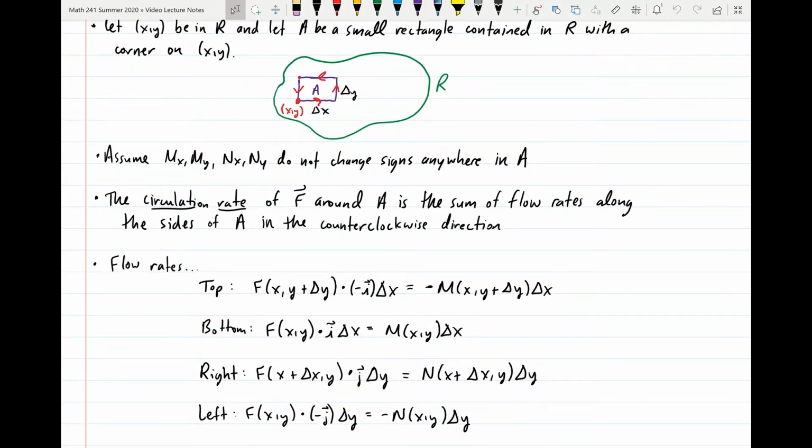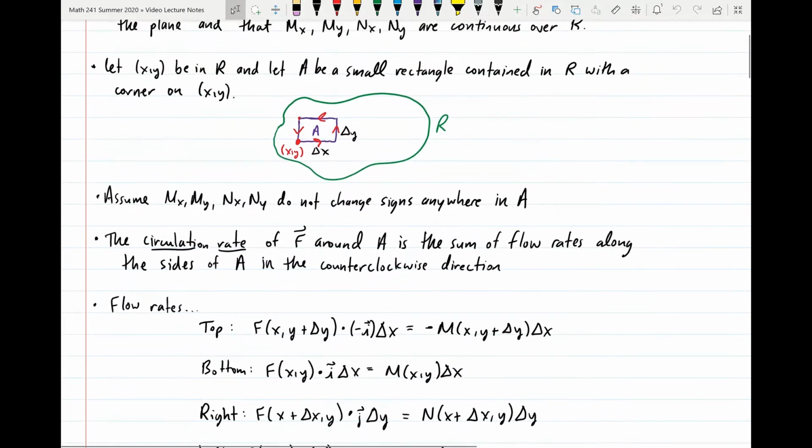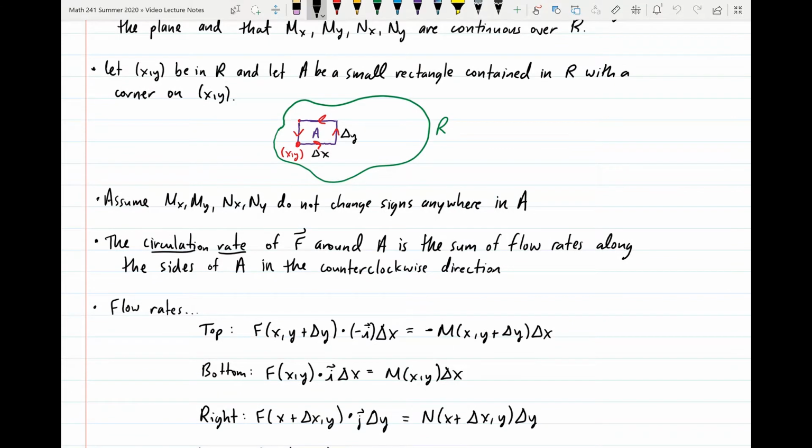And then the circulation rate of our vector field F around the boundary of this rectangle A will be the sum of the flow rates along each of the sides of A in the counterclockwise direction. So you can see in the diagram here that we are considering flowing around this purple rectangle A in the counterclockwise direction.